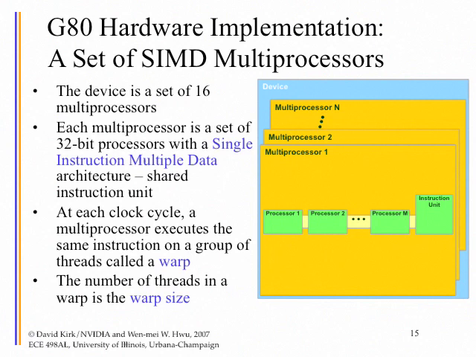The device is really 16 of these multiprocessors, and each one will have 8 of those processors. So that gives you the 128. Each multiprocessor, in this generation, contains 8 of those 32-bit processors, and it's a single instruction, multiple data execution.